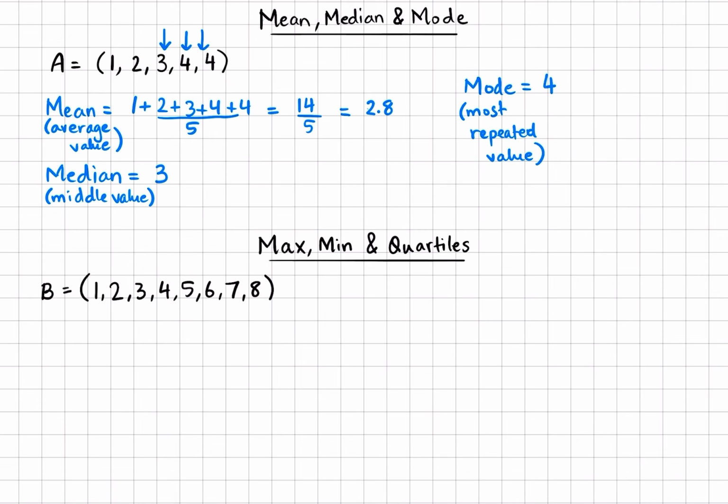All right, let's move on to the next part. Now, in this part, we're going to be talking about how we can dissect a data set or divide it into parts. And what we do with data sets to look at dispersion, how the data set is spread out, is we divide it into quarters.